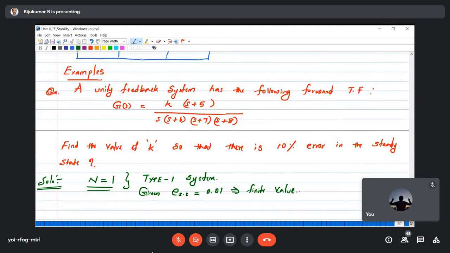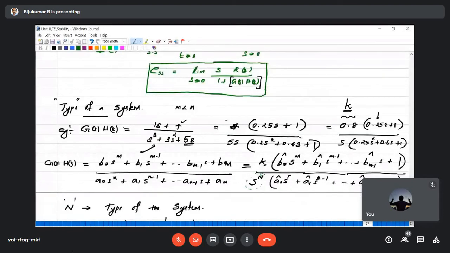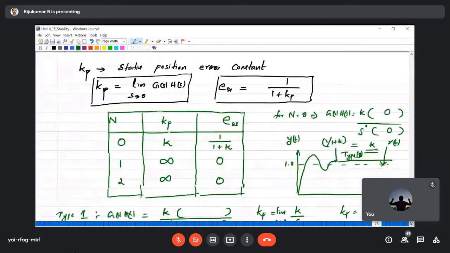Now you go back to our analysis and check for which reference input a type 1 system gives a finite steady state error. Unit ramp function, sir. Yeah, correct. Because for all other functions it is different, right? If we consider unit step response, for a type 1 system the steady state error is 0, so the input is not a step input.